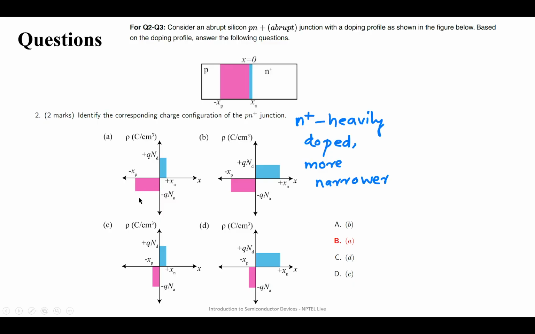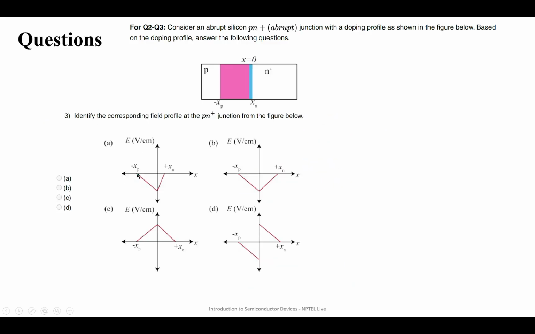So integrate it and divide by epsilon Si, and you get it as minus qNa x.